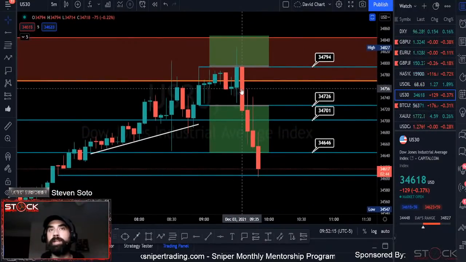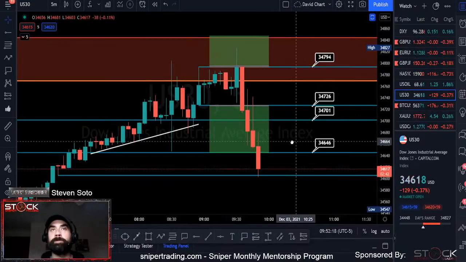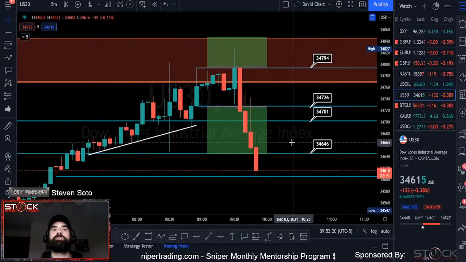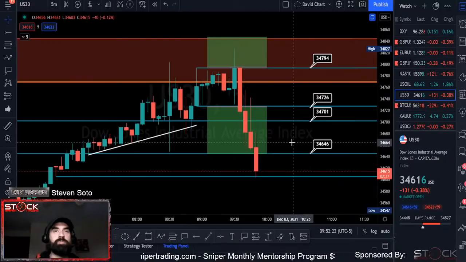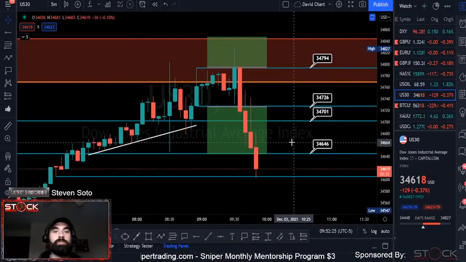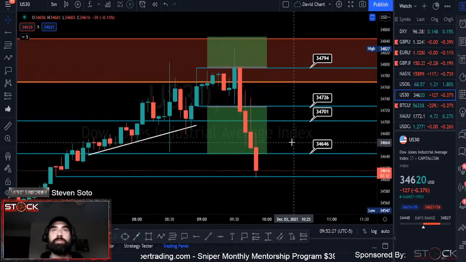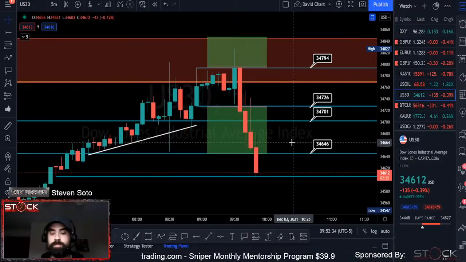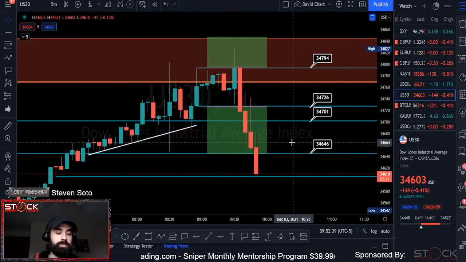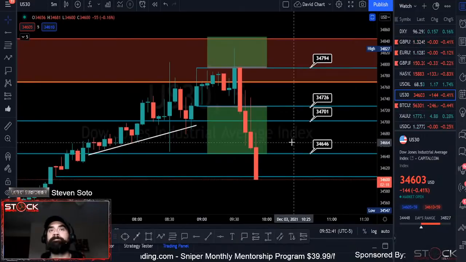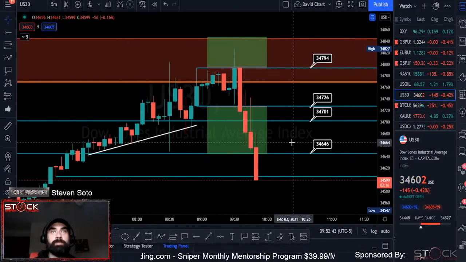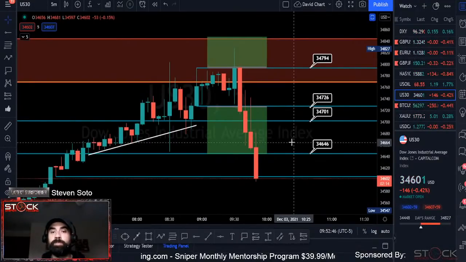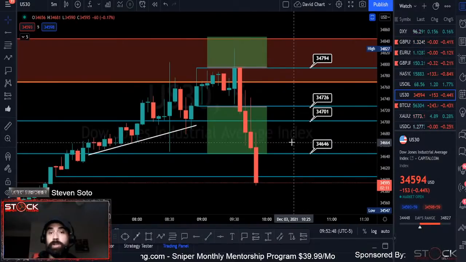Bearish engulfing candlestick leading to the overall sell. Check this out, guys. Continuation. There you go.